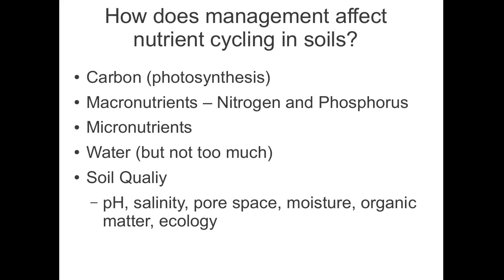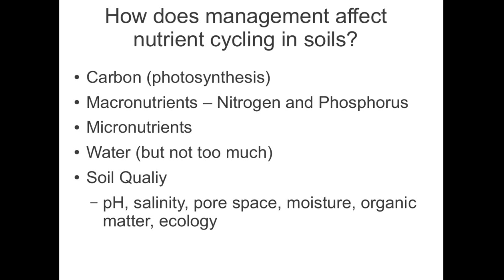So we already talked a lot about nitrogen and phosphorus, and also, we have to remember micronutrients, but we're not going to talk a lot about them today. Water: how will management strategies affect the amount of water our plants are getting? We don't want our plants to get too much water. And again, soil quality, and how things like pH and salinity might matter.